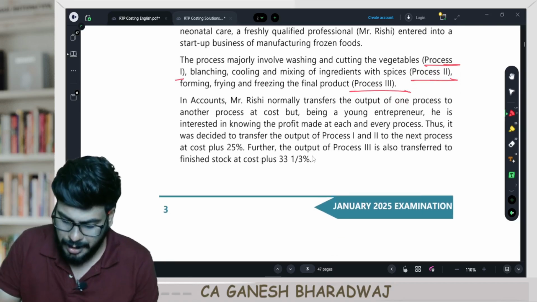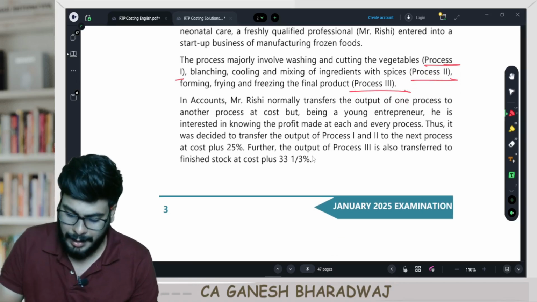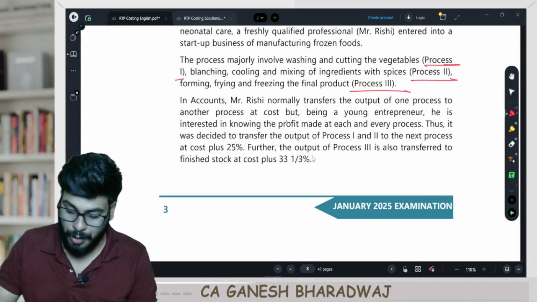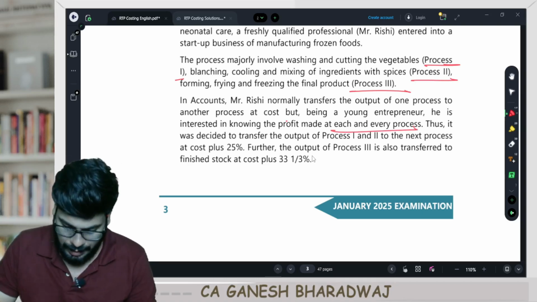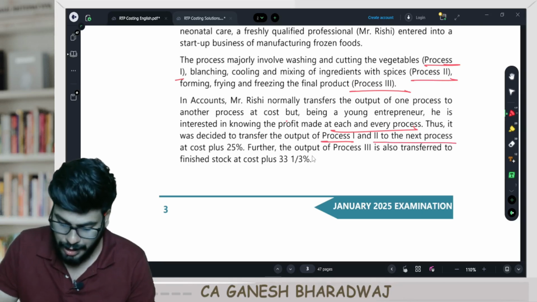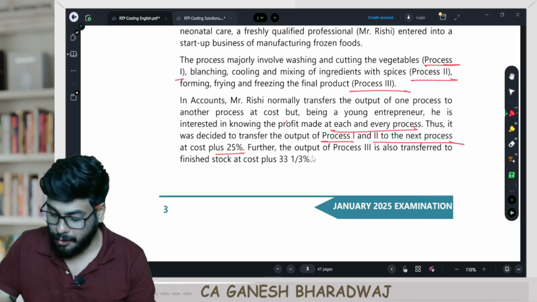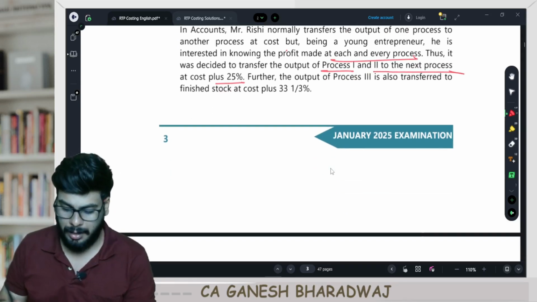In the accounts of Mr. Rishi, he normally transfers the output of one process to the other process at cost. But being a young entrepreneur, he is interested in knowing the profit made at each and every process, right? Thus, it was decided to transfer the output of process 1 and 2 to the next process at cost plus 25%. Further, the output of process 3 is also transferred to the finished stock at cost plus 33 1/3%.